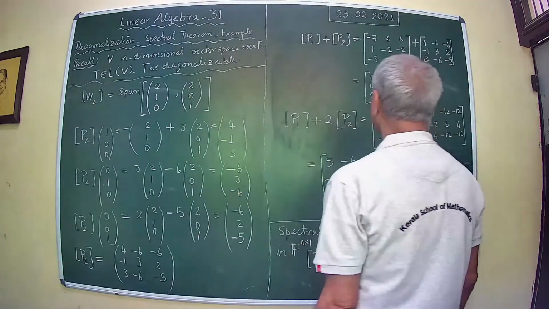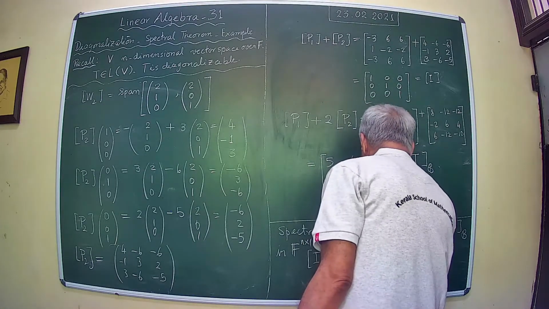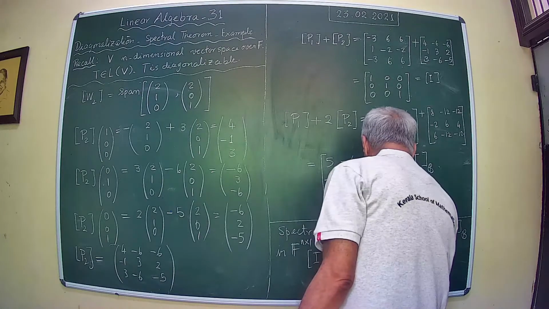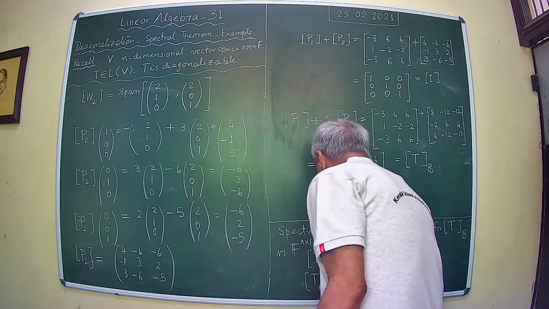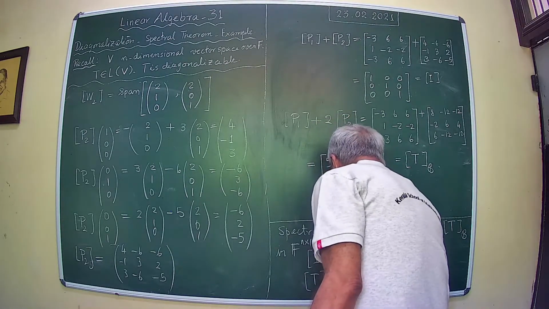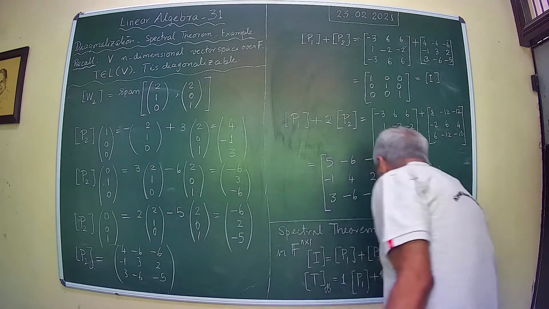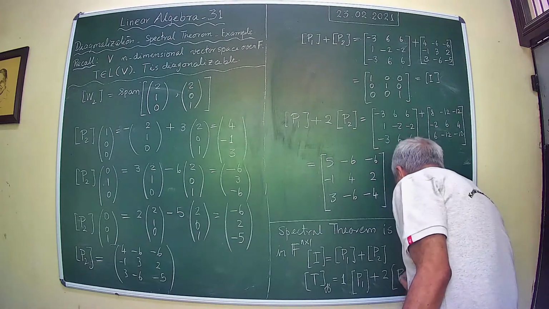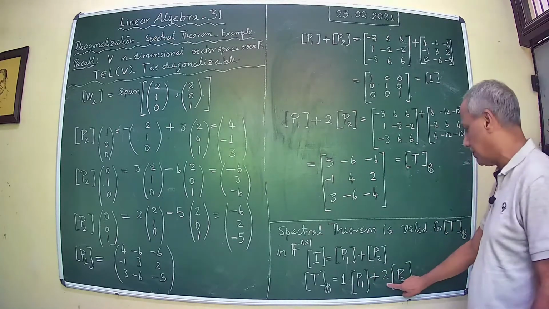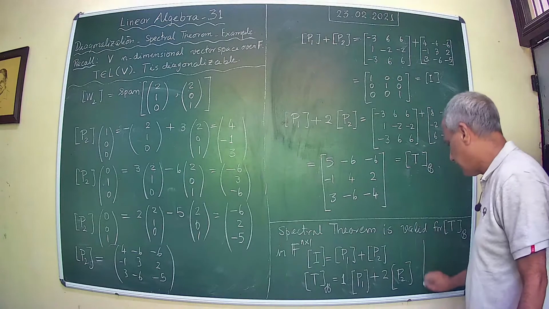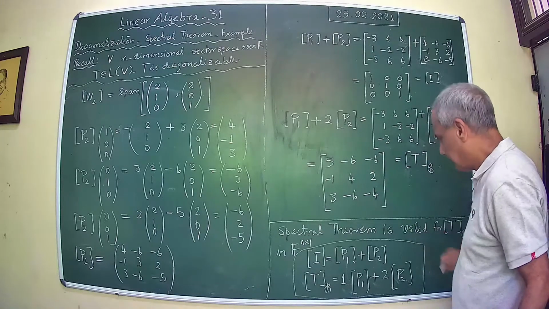This is equal to P1 plus P2, that is the sum of the projections, and then you have 1 times P1 plus 2 times P2. See, this is the eigenvalue lambda 1, this is the eigenvalue lambda 2. Therefore, this is the verification of the spectral theorem.